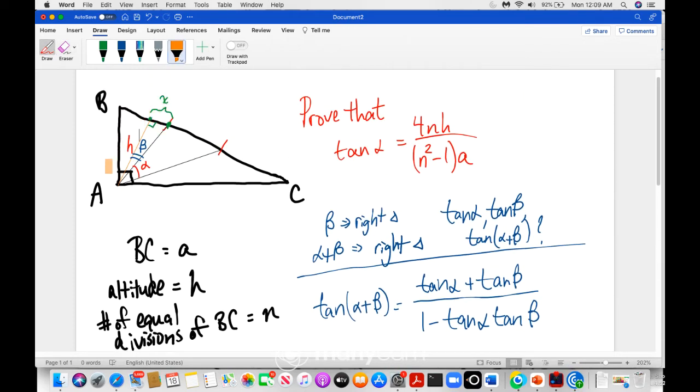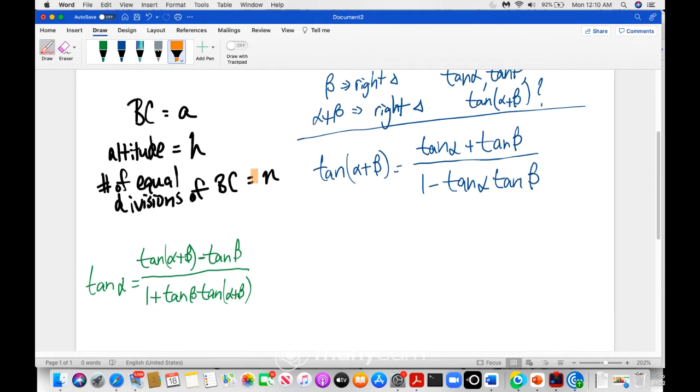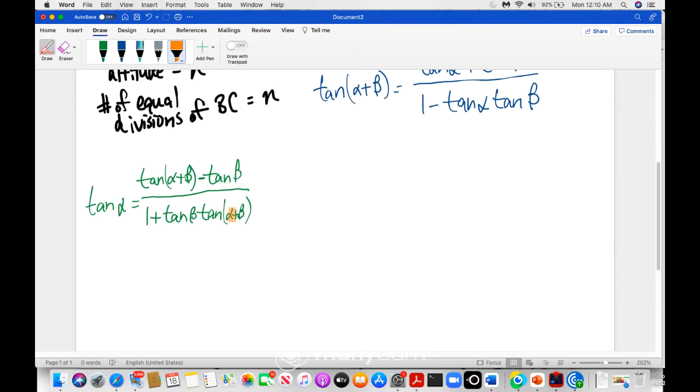Okay, so let's focus on beta for a second. So we're going to look at this right triangle. Then tangent of beta, by definition, by SOHCAHTOA, is just the opposite side x divided by the adjacent side h. Okay, so that makes tangent of beta x over h.